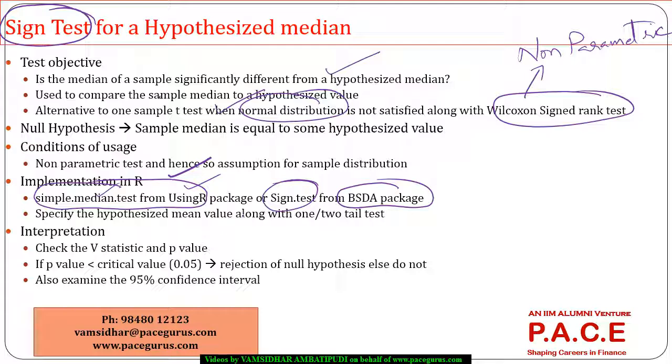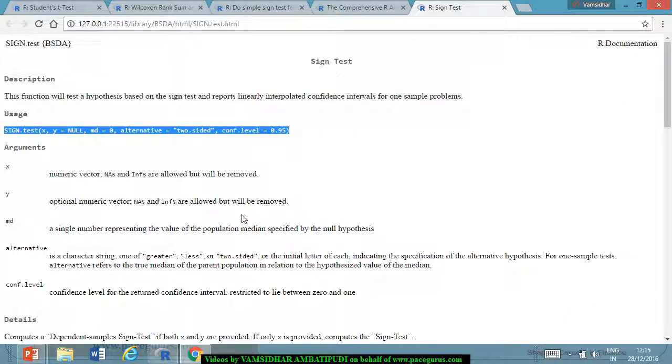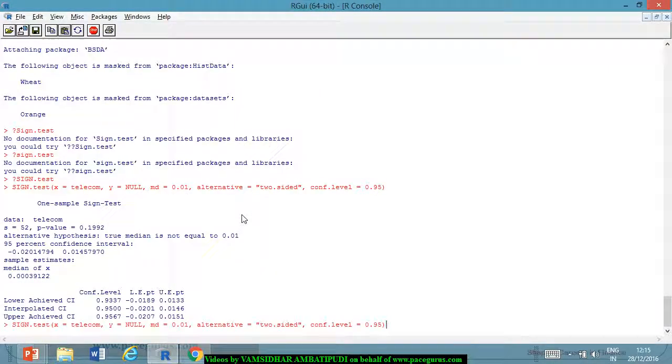hypothesized median. And since our target was 1%, let's say instead of 1%, I set it to 2%, I would very well get a different figure altogether.